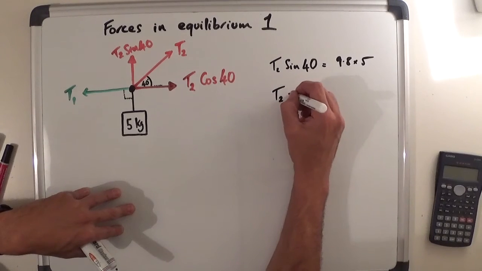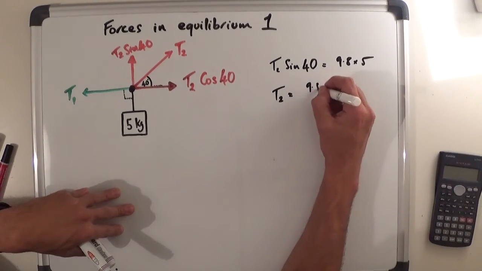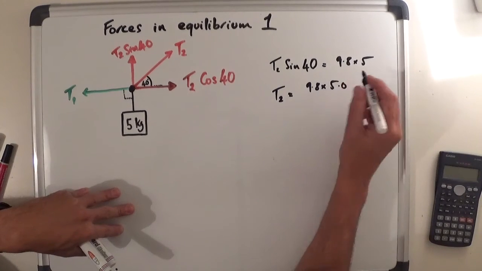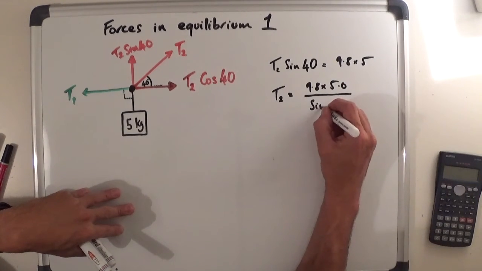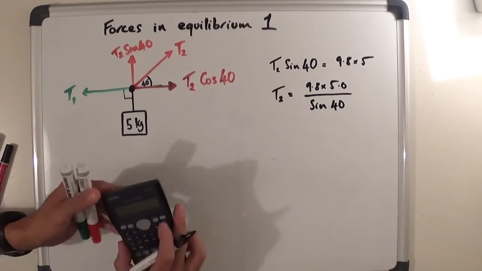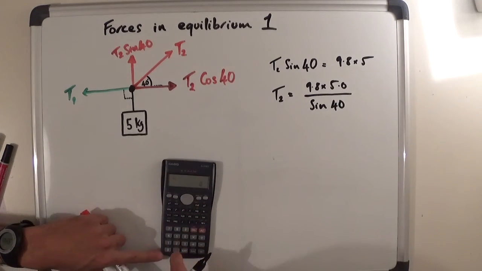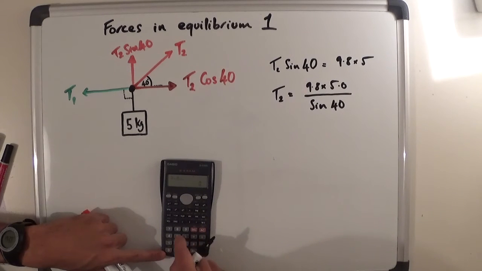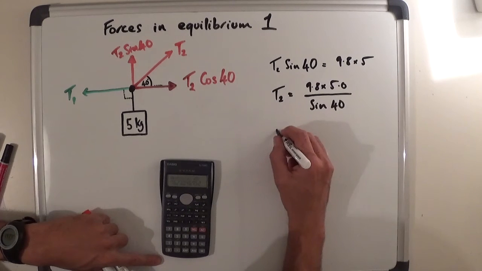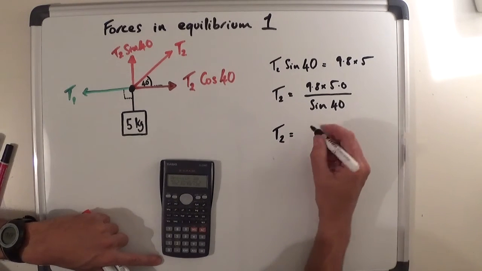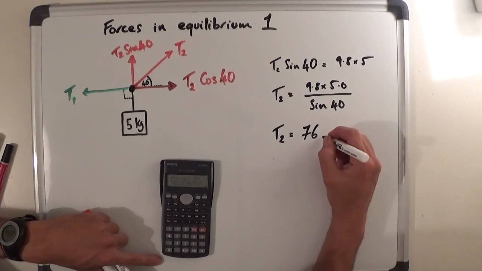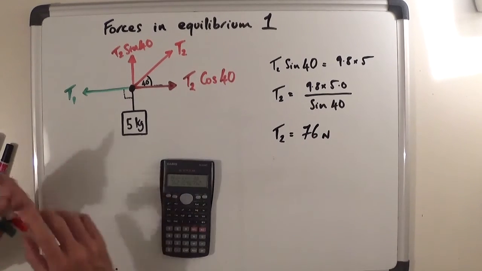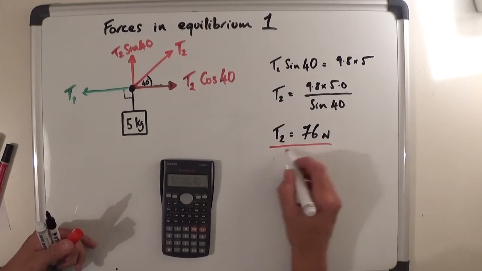So T2 is equal to 9.8 times 5.0 divided by sine 40. Bang that into your calculator, it's going to come out as some horrible number because I've made these numbers up myself. T2 is now equal to 76 newtons. Ka-ching. I can underline that in red because T2 I've described as my red force.